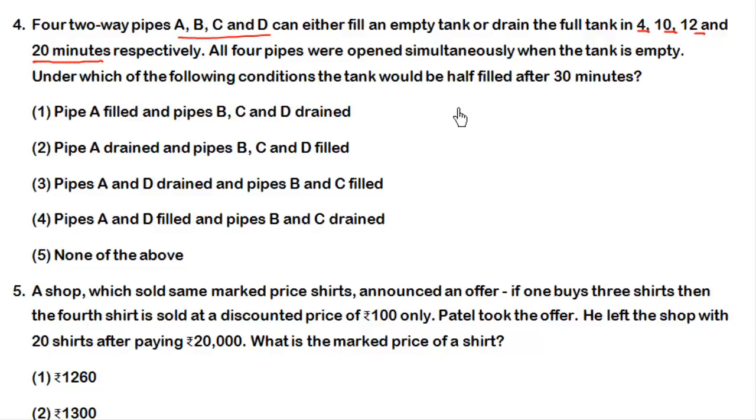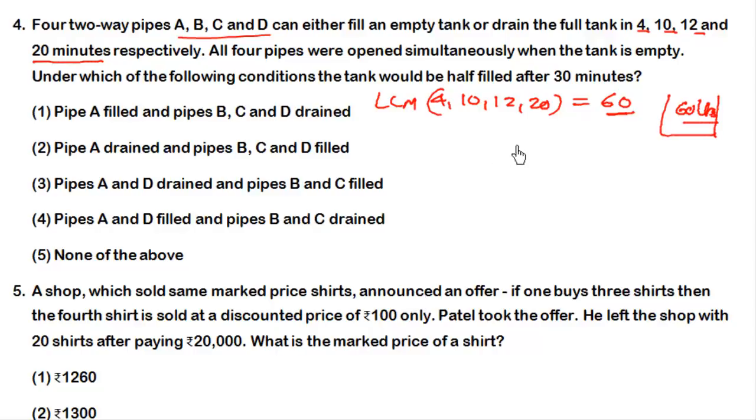So first of all, what we do in such questions is that we define the work, or the capacity of the tank. Here we take the LCM of 4, 10, 12, and 20, which comes out to be 60. So let me assume that the capacity of the tank is 60 liters.